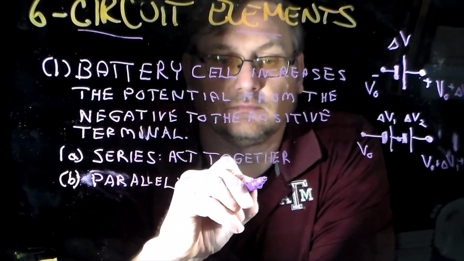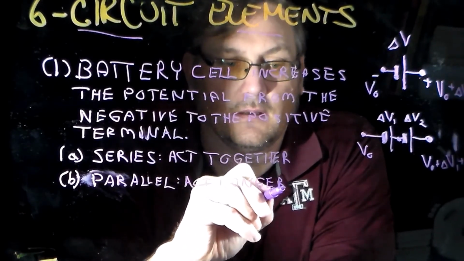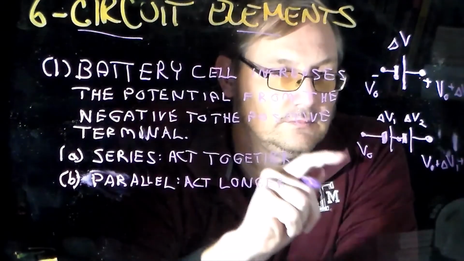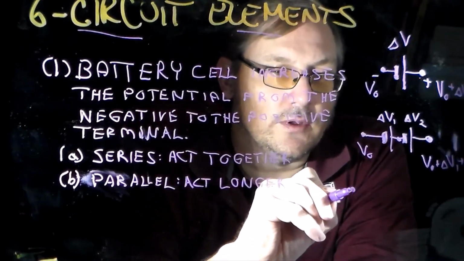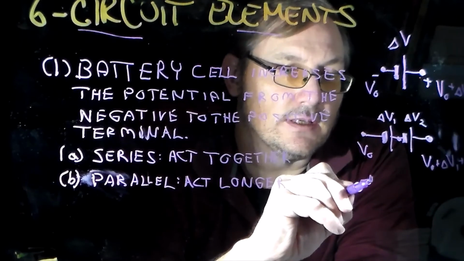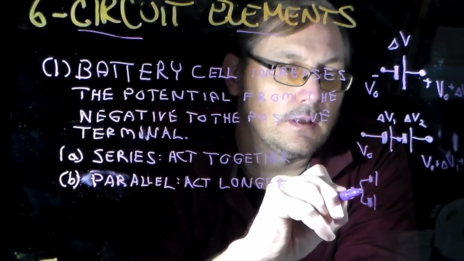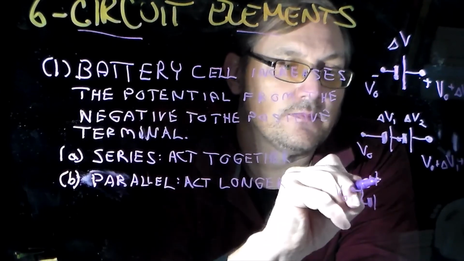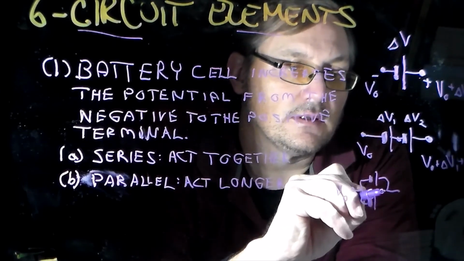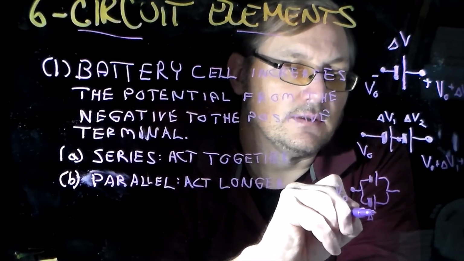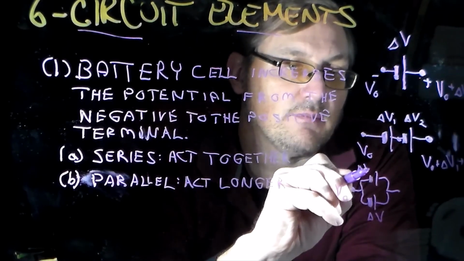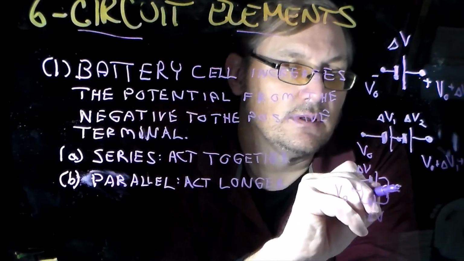So when we do this, the two batteries, 1 and 2, this is V0, and this is delta V, and these are both the same because these are ideal wires.